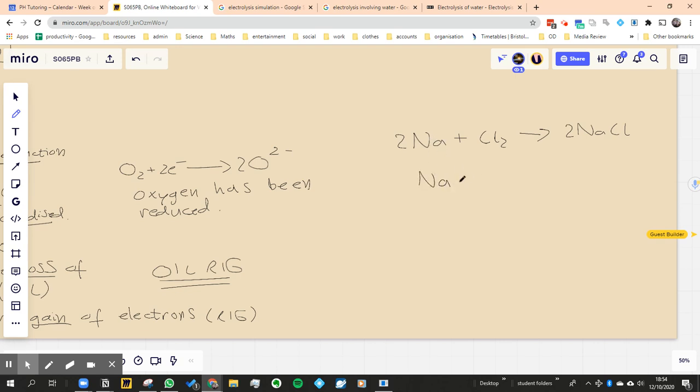So we've got neutral sodium on the left, and then that becomes sodium ion. What's happened to it? We need to also add the electron. Oxidation is loss. Well, it's lost an electron, so we can say that the sodium has been oxidized, even though it's not actually gained any oxygen.